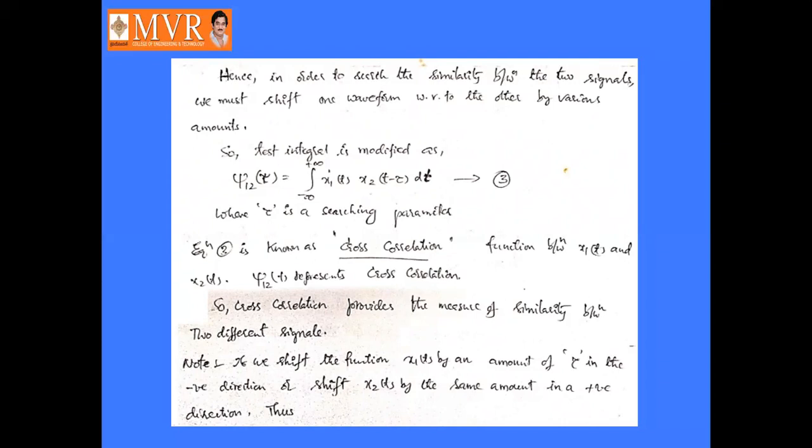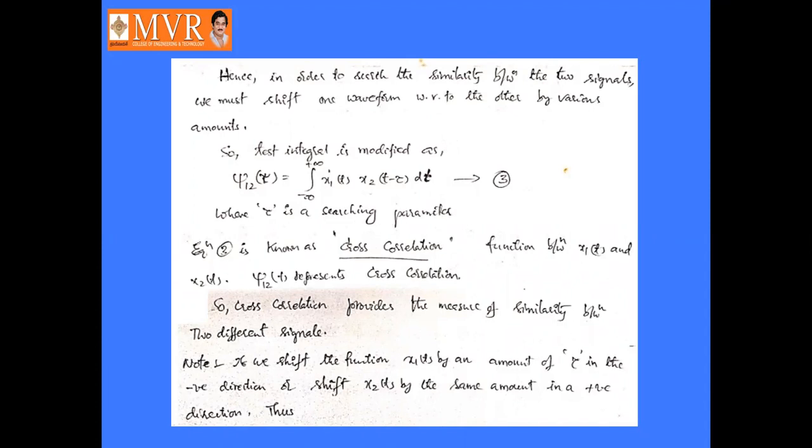This equation number 3 is called cross correlation. We are comparing one signal x1 of t with another signal x2 of t. Suppose x1 of t is compared with x1 of t itself only, then that is called autocorrelation. But here in equation number 3, x1 of t is compared with x2 of t.